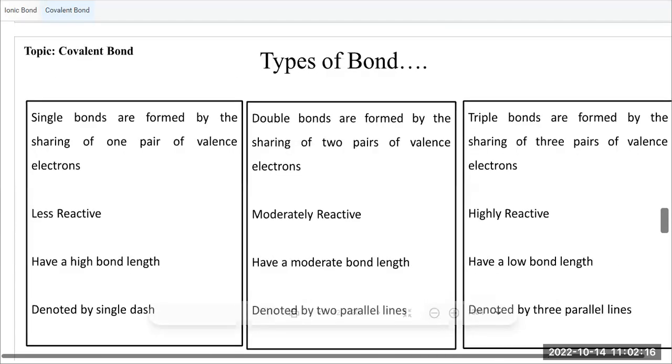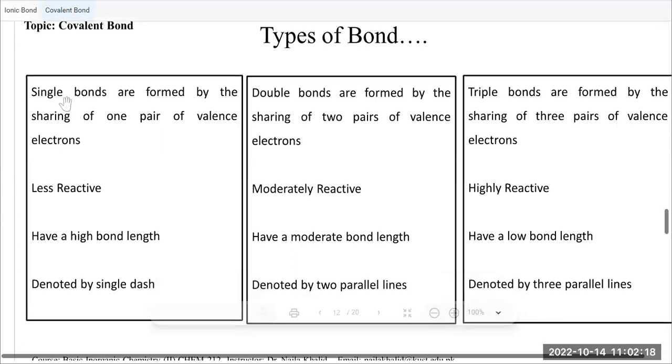A covalent bond may be single, double or triple. Single bonds are less reactive than double and triple bonds and have high bond strength, whereas carbon-carbon double bonds and triple bonds have moderate bond length.